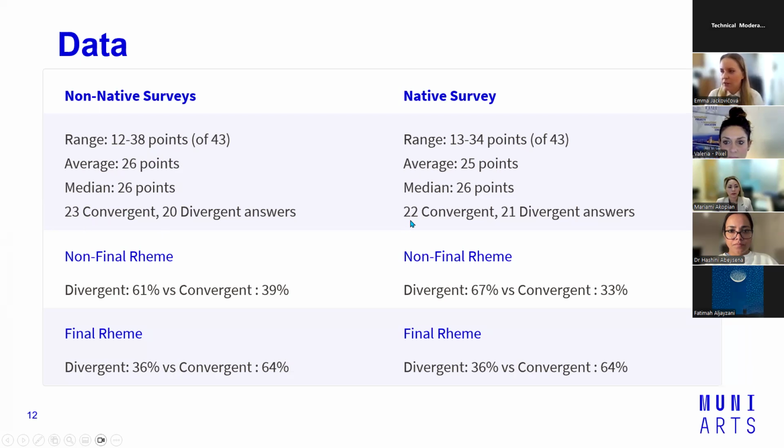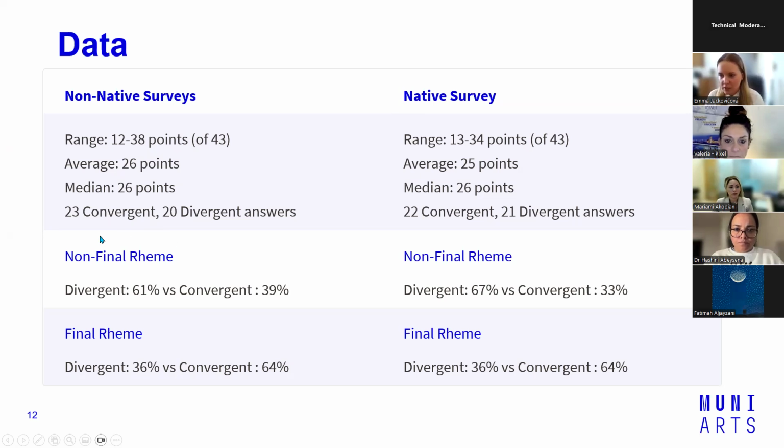Non-natives answered 23 convergently, 20 divergently. Natives answered 22 convergently, 21 divergently. So convergent is winning by a slight shade, but non-natives and natives performed really similarly, with a slight preference for convergent answers.